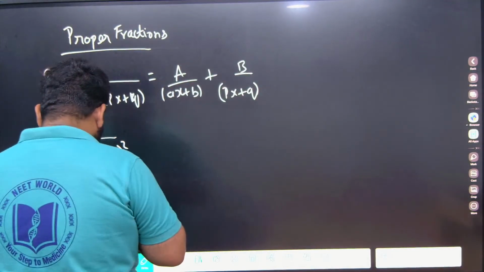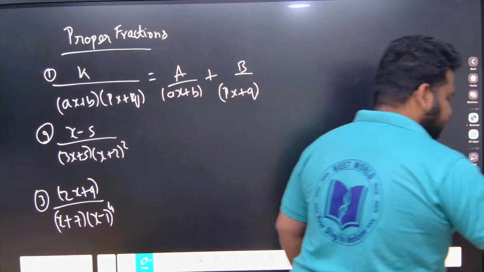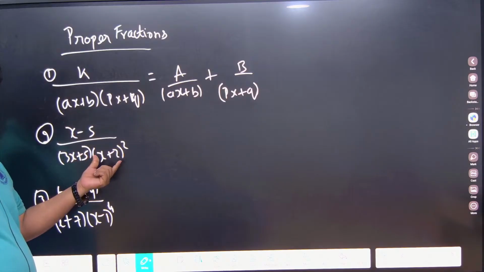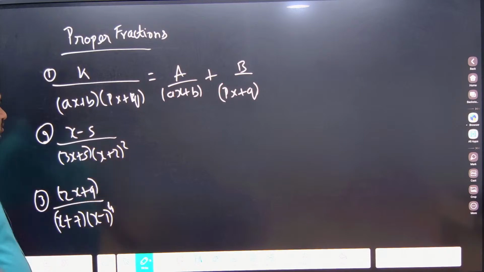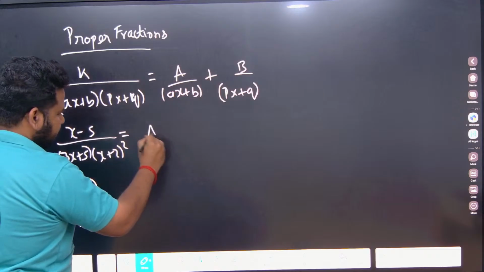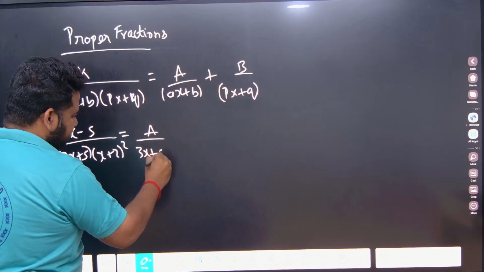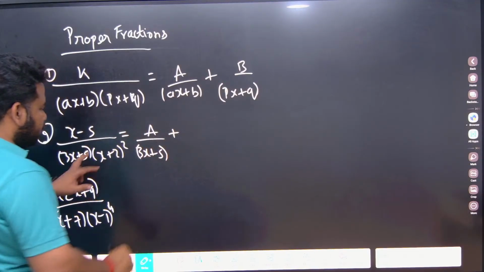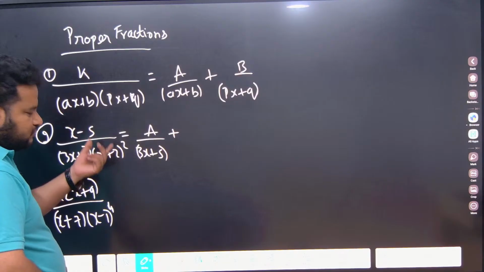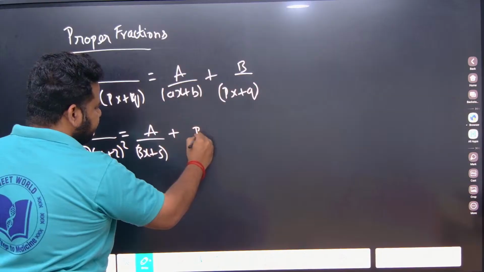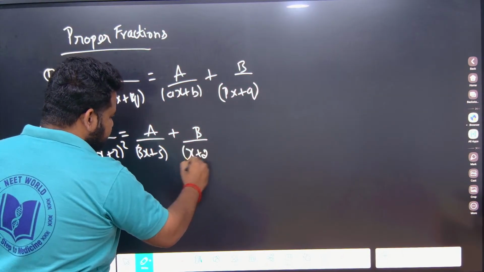Now see here, observe carefully. In x minus 5 over this, the factor 3x plus 5 is linear, and here x plus 2 whole to the power of 2 is there, linear written 2 times. So for 3x plus 5, which is linear, I can write A by 3x plus 5, with constant A. For x plus 2, which is coming 2 times, the first time I write B by x plus 2, once just like this.